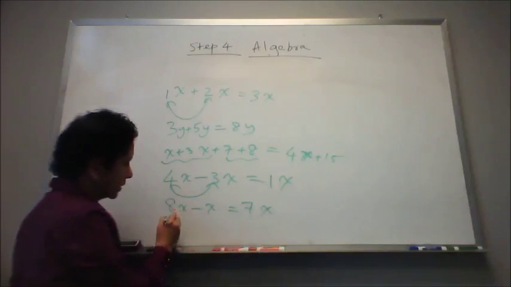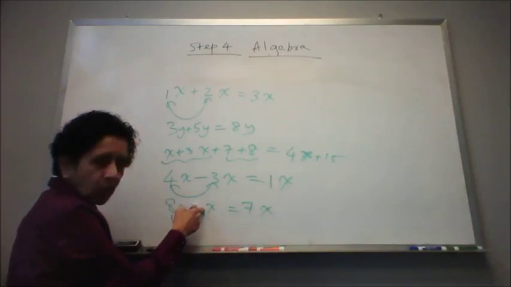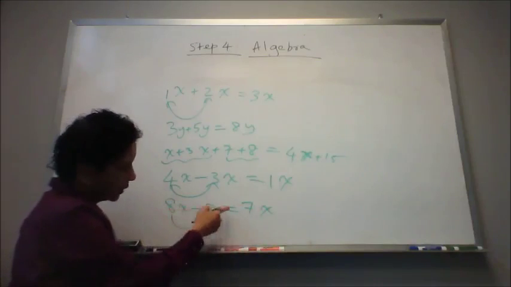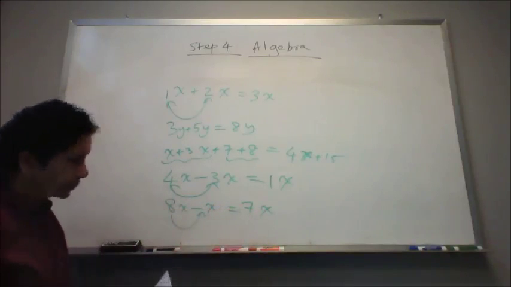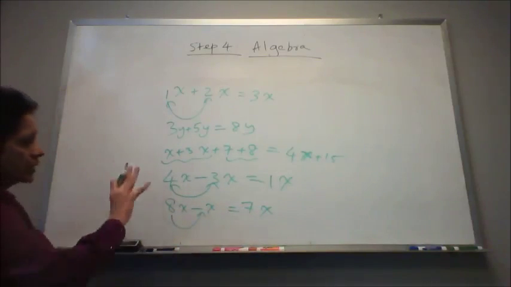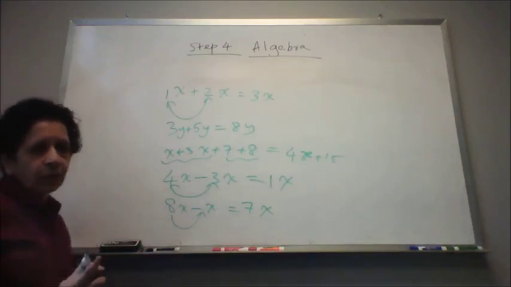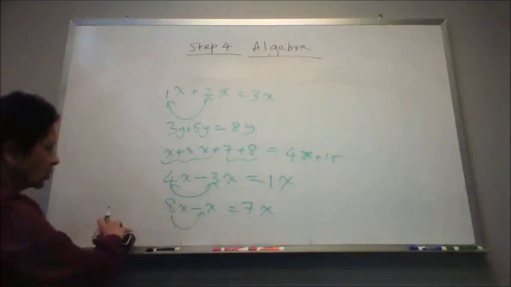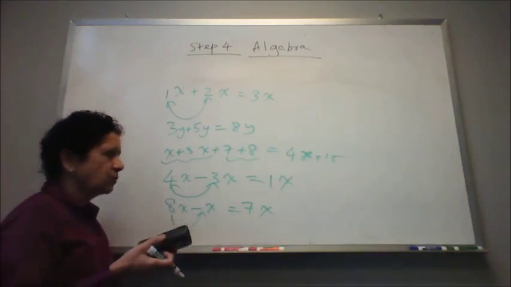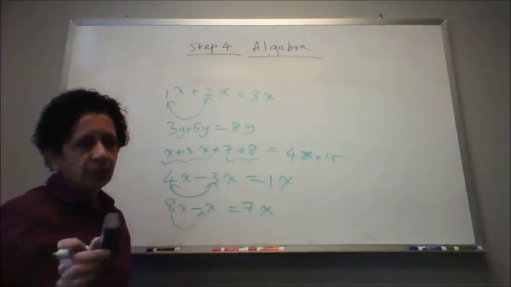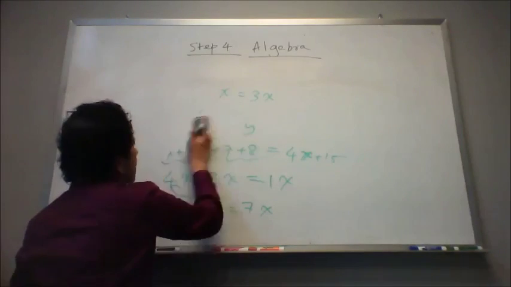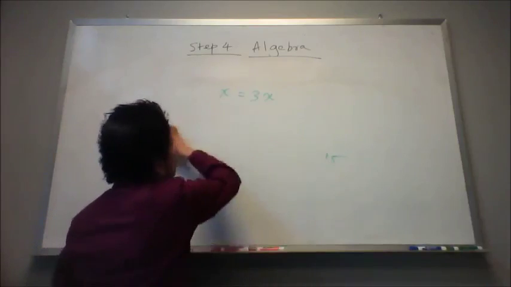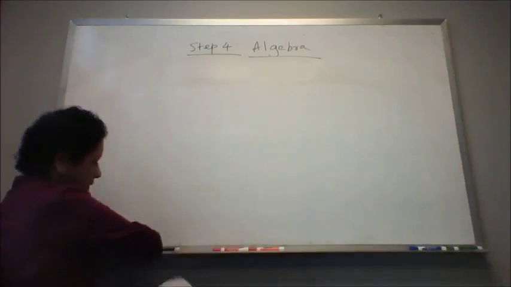Okay, so you take the coefficient, it's 1 there. So 8 minus 1, that's 7. Okay? So addition, subtraction, very simple. For like terms, you will be adding or subtracting the coefficients. Very simple.